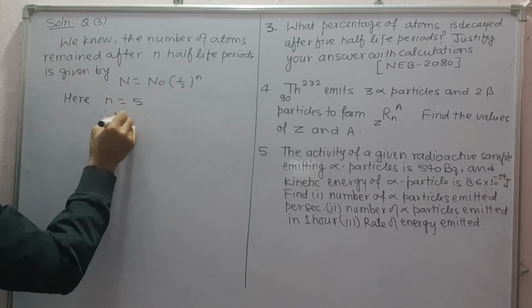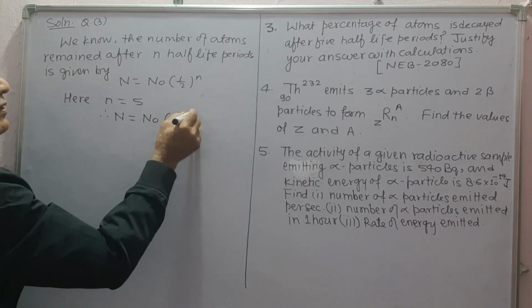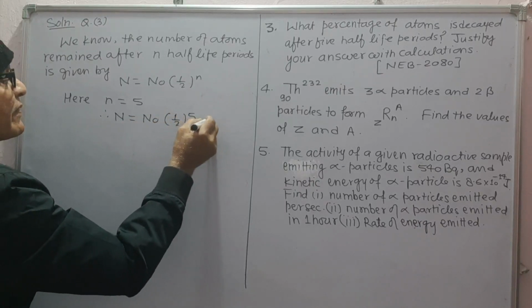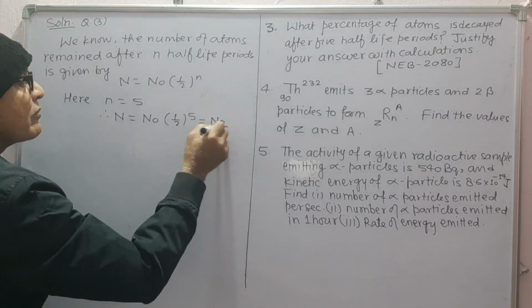Therefore, N will be equal to N naught half power 5, means N naught upon 32.